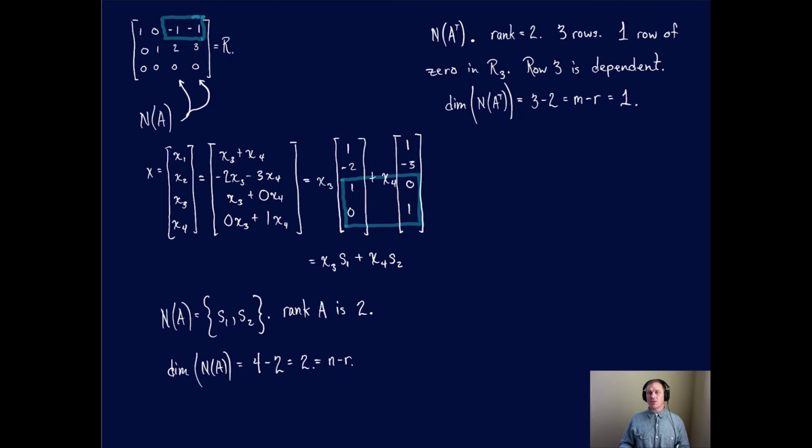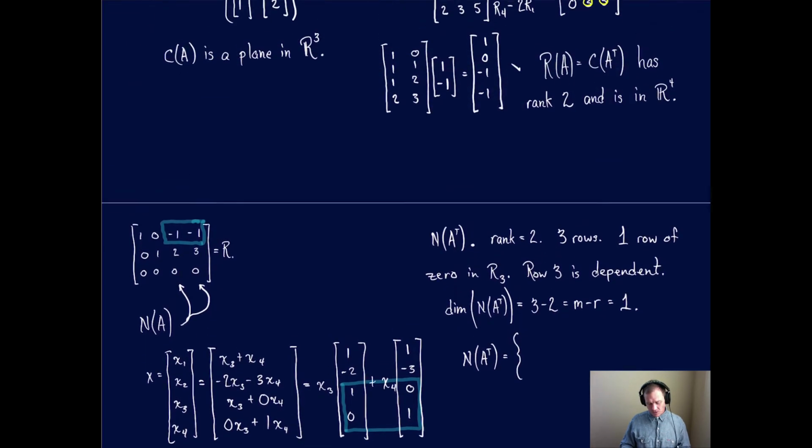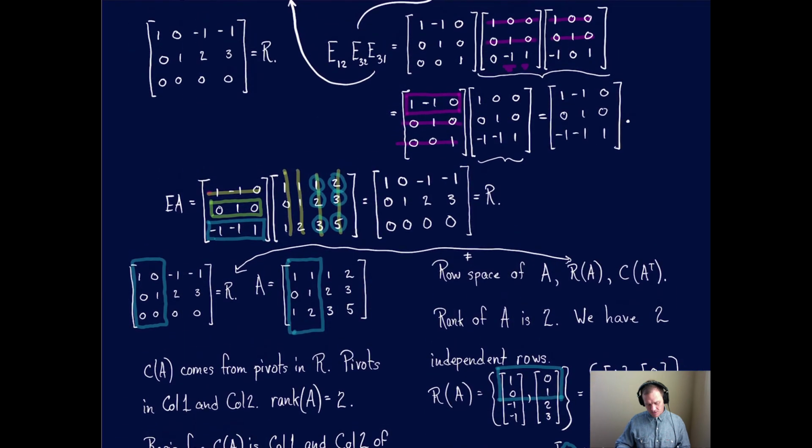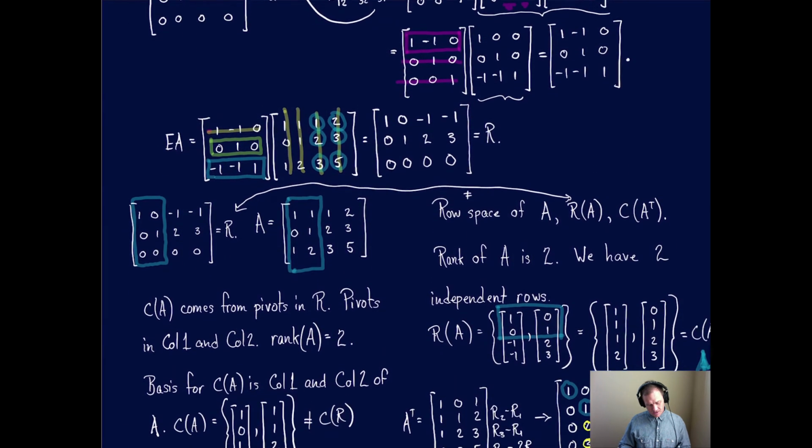Well, so the question is what's the basis? Well, we've already found it. Let me show you where it is. The basis, so we could say a null space for A transpose is equal to the vector of, it's right here.